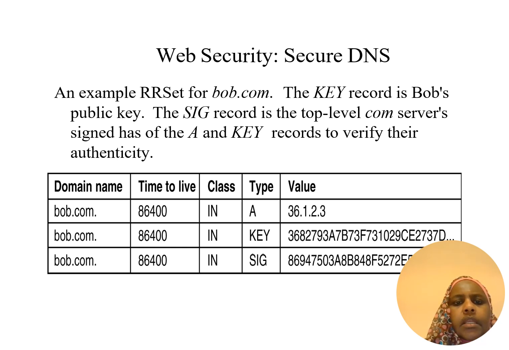Then bob.com, time to live, class Internet, this is Bob's public key. And bob.com, class Internet, this is the signature, the hash signature of the DNS zone.